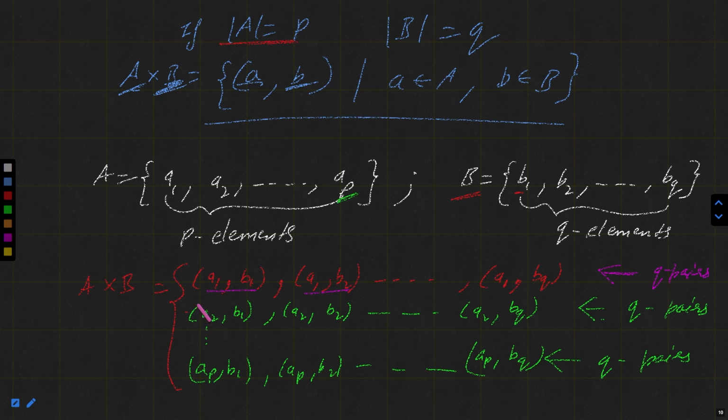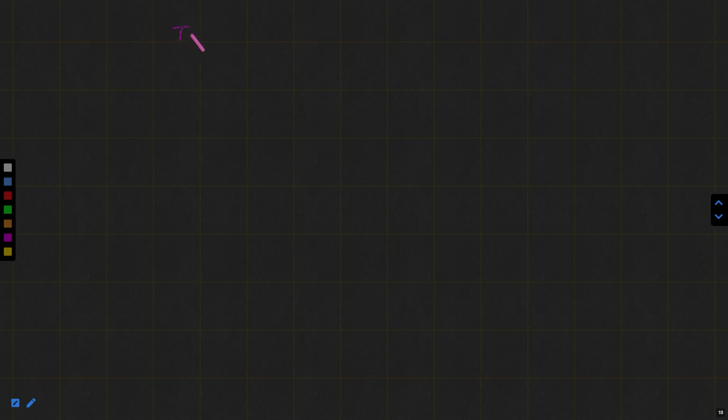And how many rows will I get? The total number of rows is P, and in each row we have Q number of pairs.